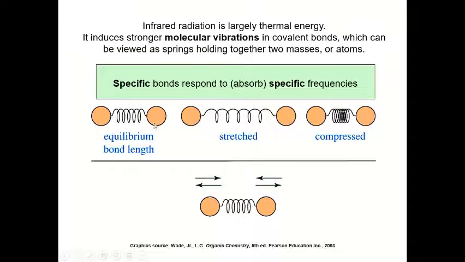As you can see here is the equilibrium bond length, and this is when it is stretched and when it is compressed. And this bond movement caused by the IR radiation absorption is what is reflected in the IR spectrum, right?